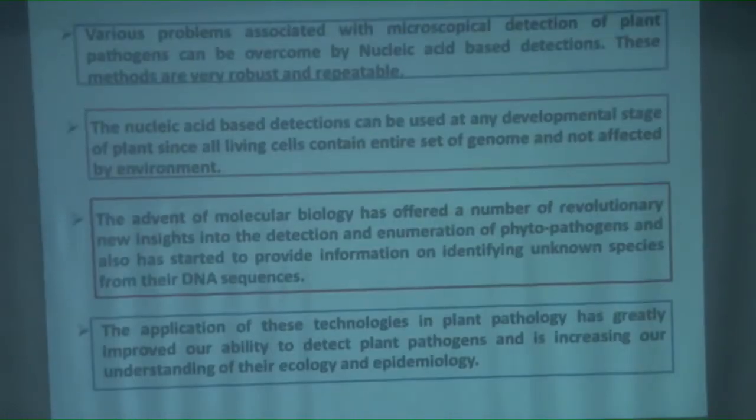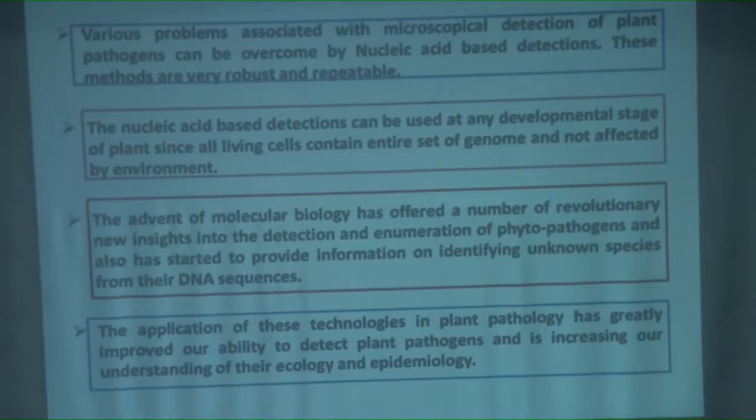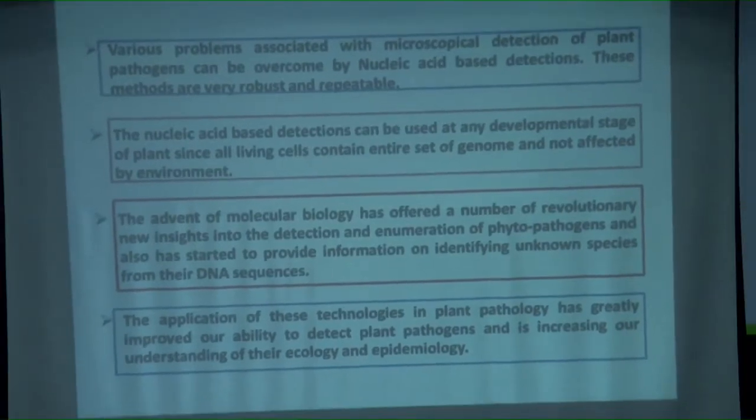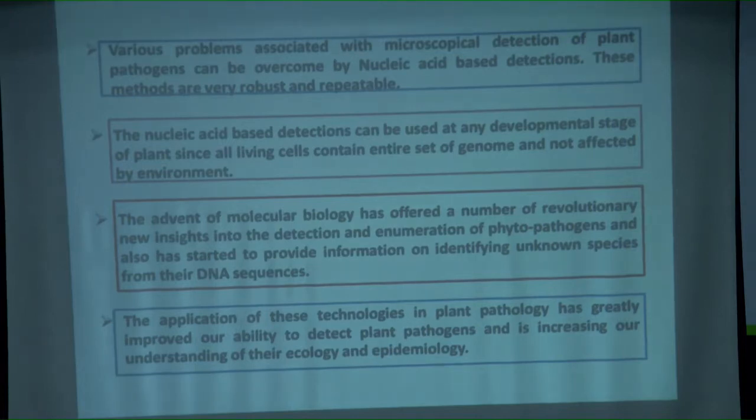Then further, I told you the role of molecular markers came here. These are very robust and repeatable, and the nucleic acid based detection can be used at any developmental stage. So if it is seed, you can use it, seedling you can use it, and in the adult plant stage also you can use them, because we are identifying based on the DNA of the pathogen.